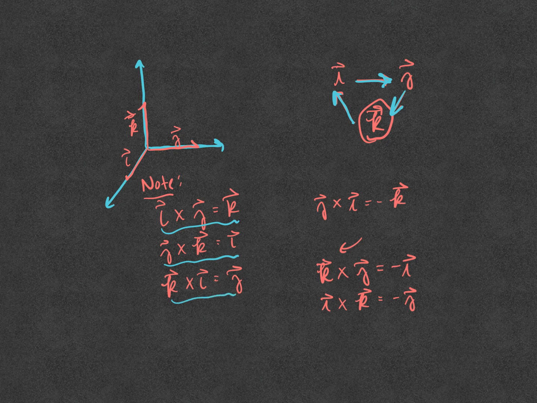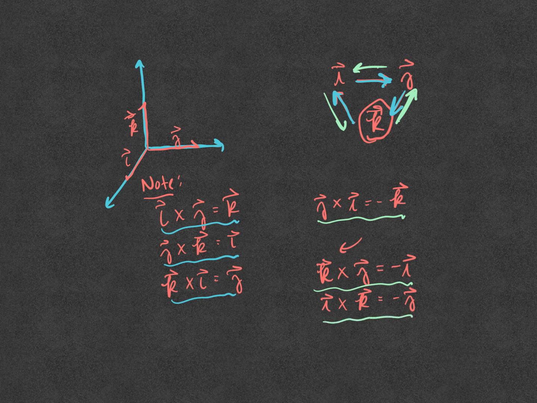Now, if you go in reverse, it's the negative. So k cross j, counterclockwise, gives me negative i. And then j cross i gives me negative k, and i cross k gives me negative j.